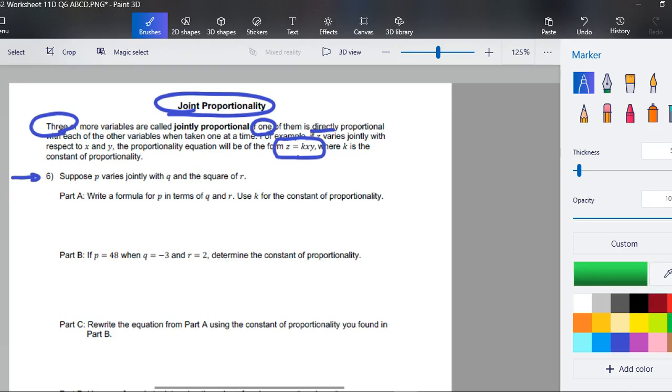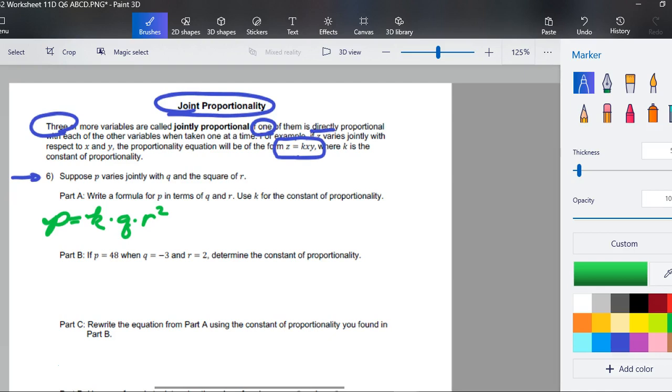Work with me together. Part 6 says, suppose that P varies jointly with Q and the square of R. We have to include our constant of proportionality. Part A says write a formula. We did it.